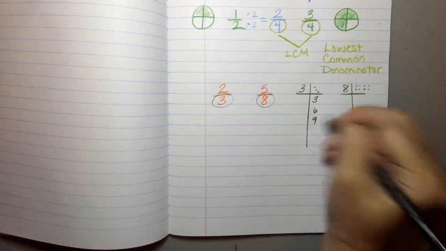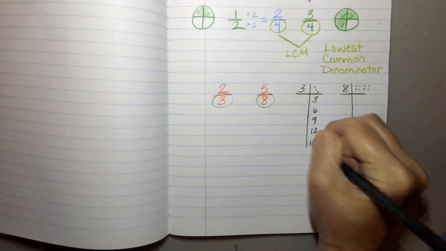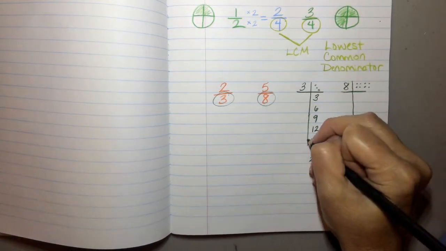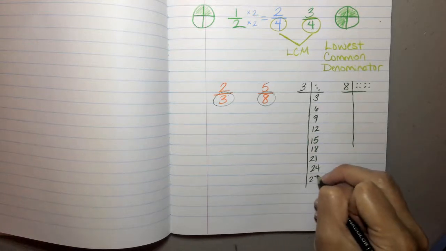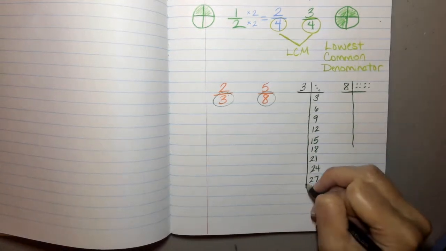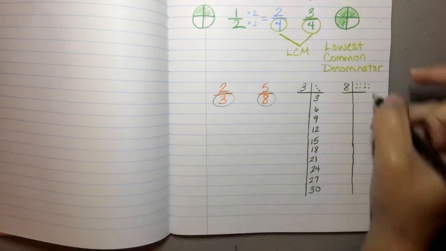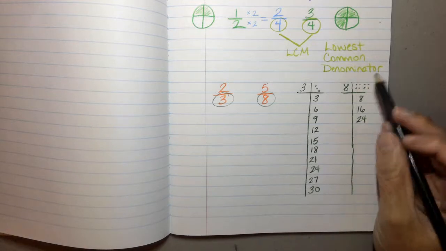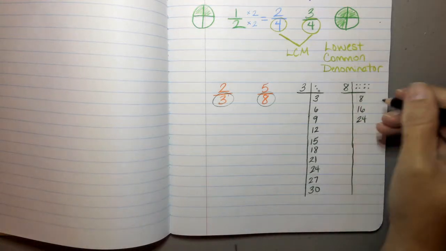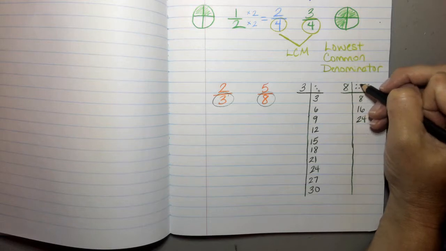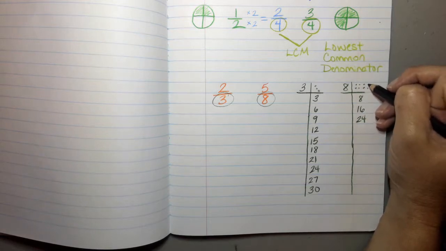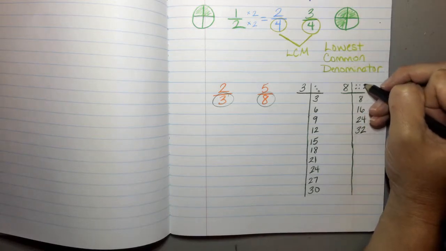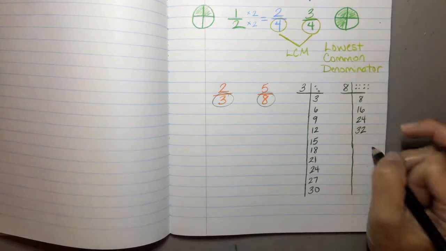3, 6, 9, 12, 15, 18, 21, 24, I'll keep going, 27, 30, okay? All right. 8, 16, 24, and remember I put the dots here in case I can't just remember the multiples, so 24, 25, 26, 27, 28, 29, 30, 31, 32, 33, 34, 35, 36, 37, 38, 39, 40.